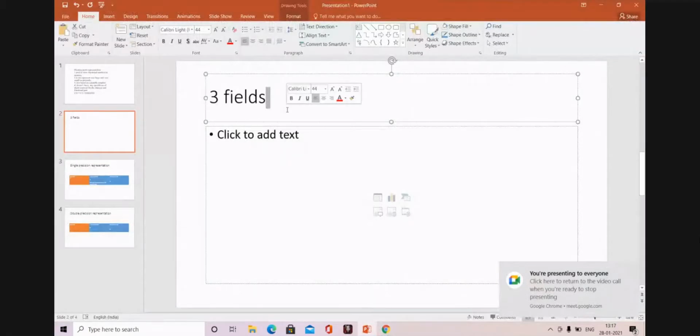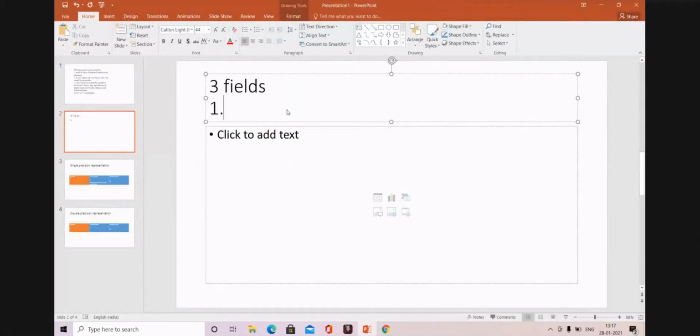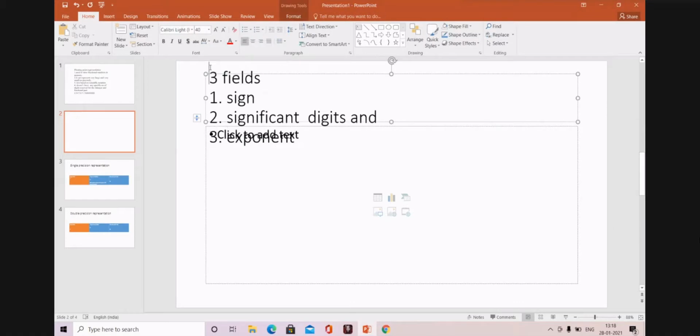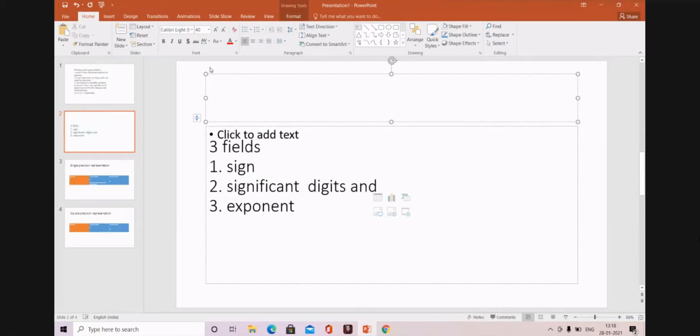What are those fields? You have to note it down. First is the sign, the second is the significant digits, and the third one is the exponent. So the floating point representation has three fields: your sign, significant digits, and your exponent.